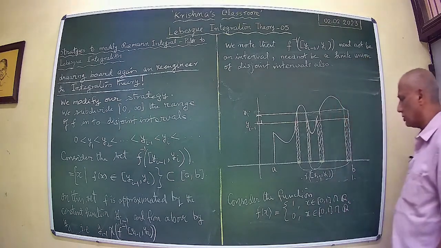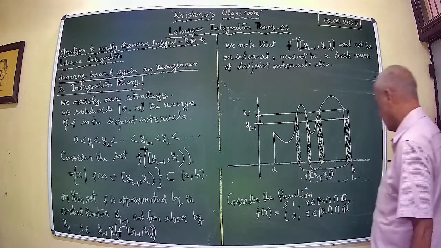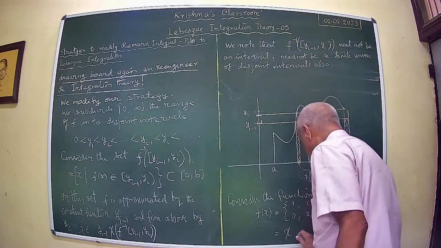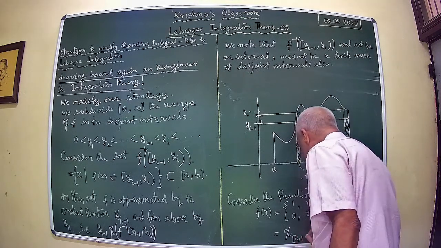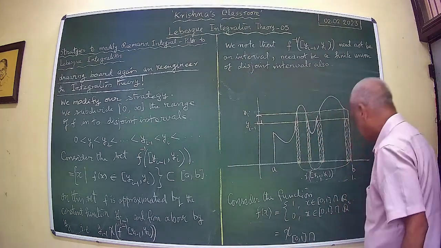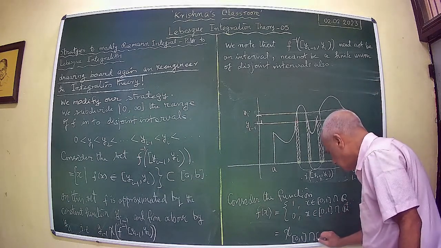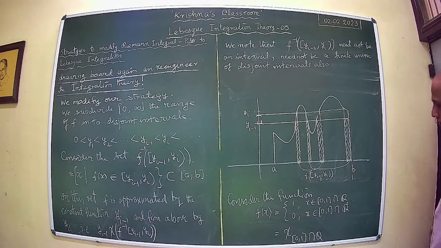Now this is what is called the Dirichlet function, or you can write it as the characteristic function of [0,1] intersection Q. Consider this function.